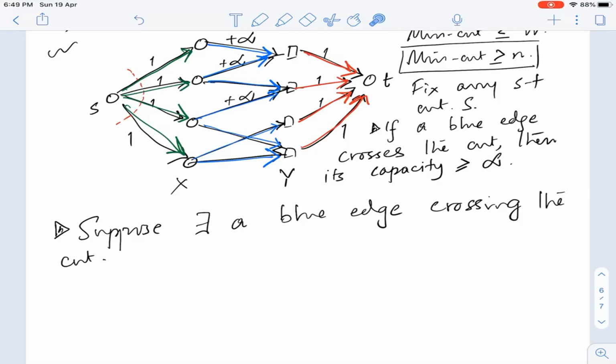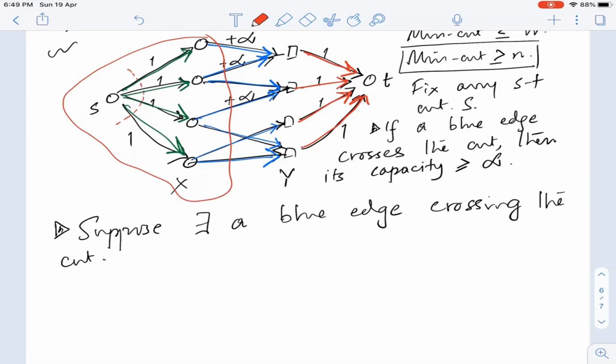Okay. So now I have to convince you that given any cut, the size of that cut is at least n. So you give me your favorite cut, I will convince you that its size is at least n. Suppose you give me this cut. That's a cut in my graph.